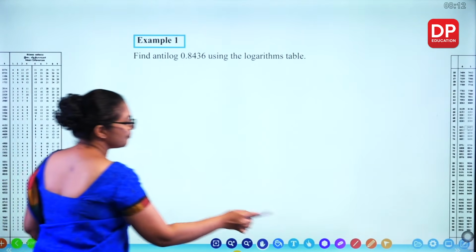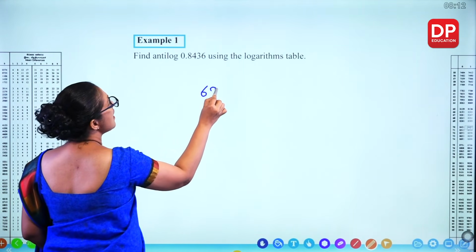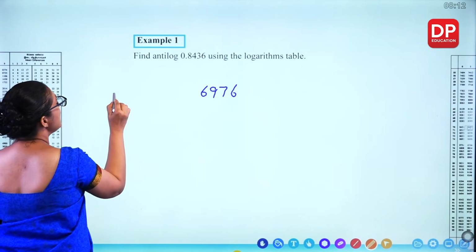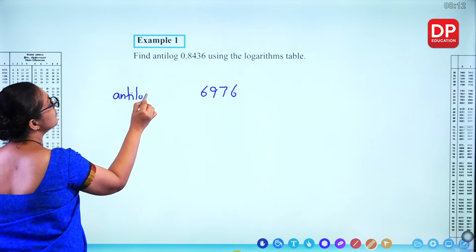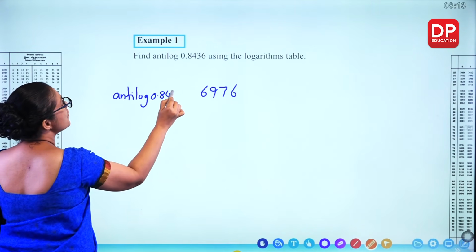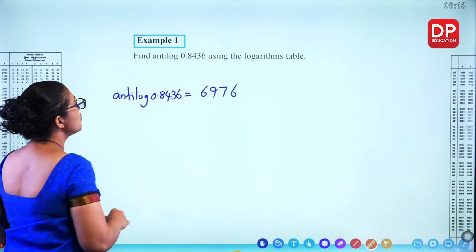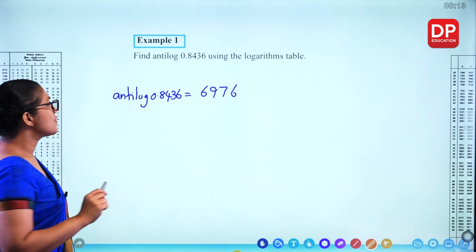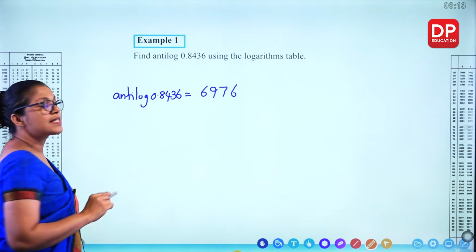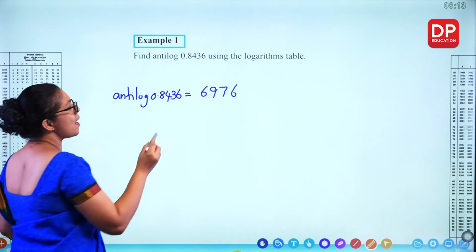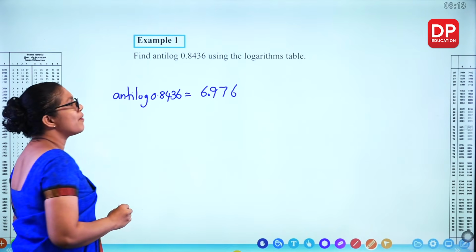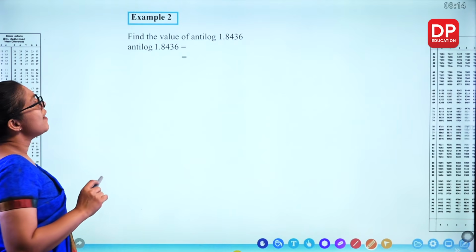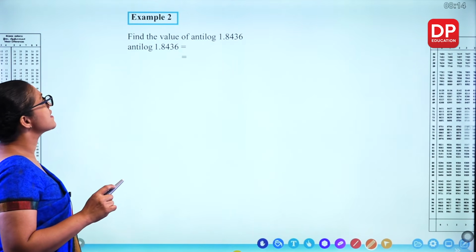Now we need anti-log of 0.8436. Look at this value. The characteristic is 0. That means the number is less than 10. 6.976.